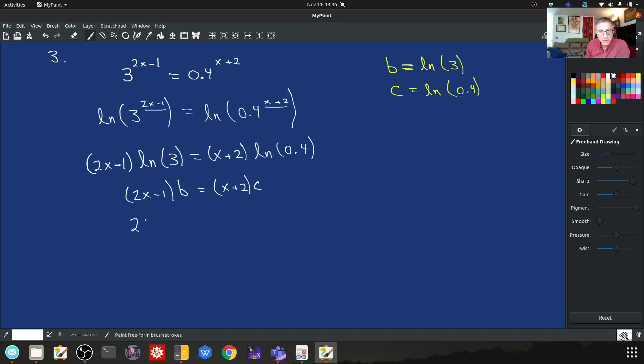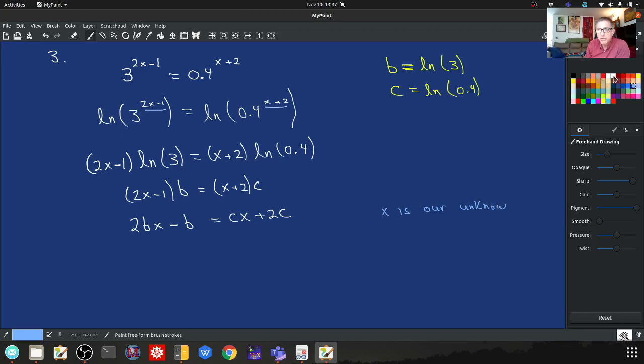So this is 2b x minus b is equal to c x plus 2c. So I'm solving for x. Just recall that x is our unknown. So we always have to solve for x just like normal.